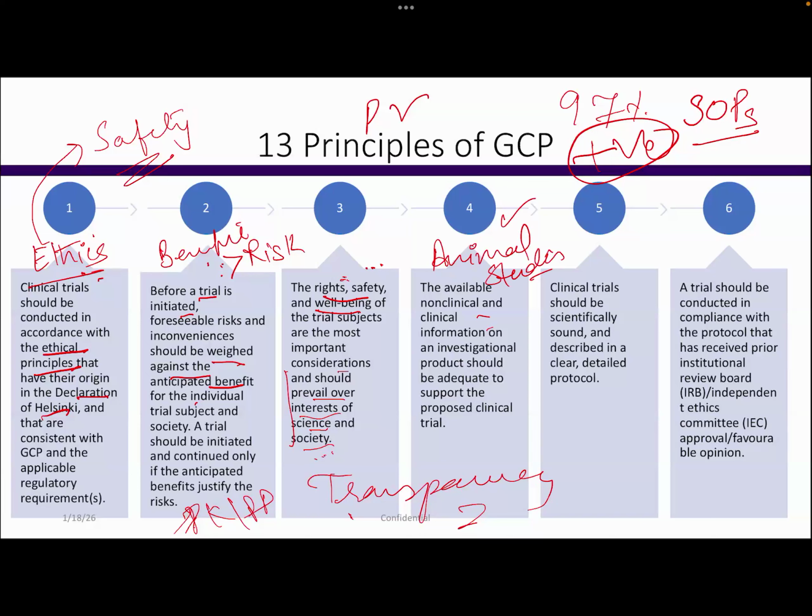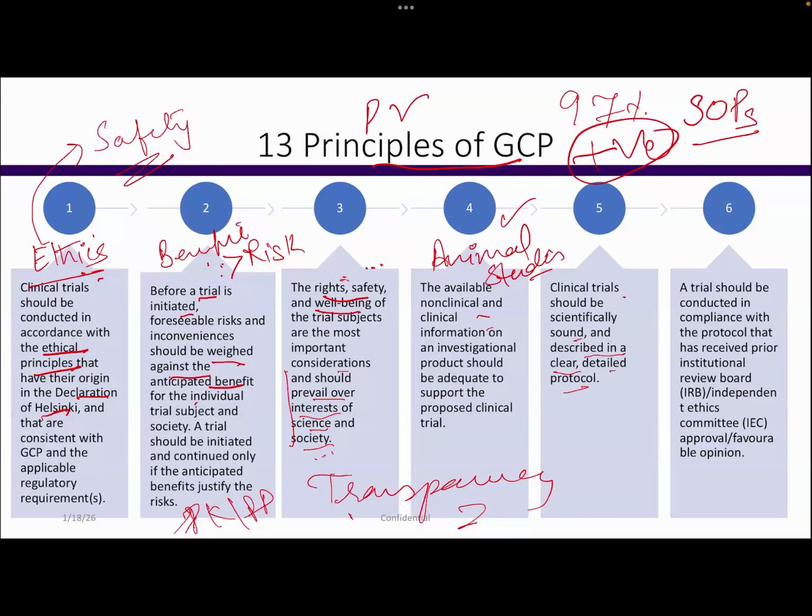At that time they had only one species of animal study data. The DCGI denied. They said, no, take 15 more days, do another animal study, then only we will be able to approve your protocol.